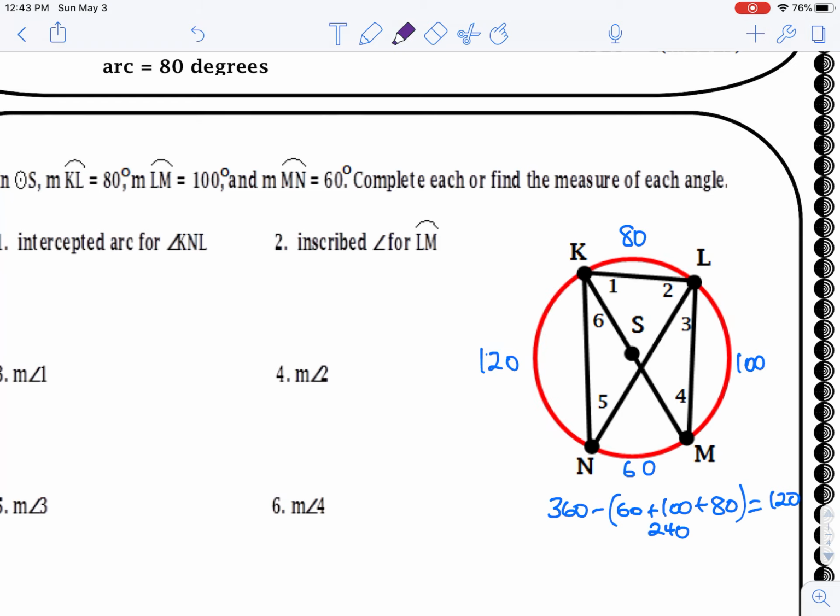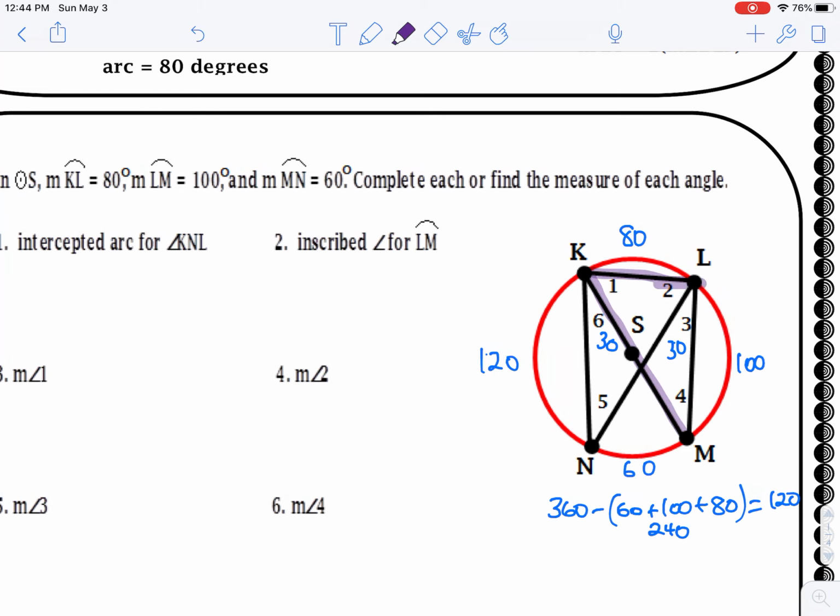So I'm going to highlight this one. It's an inscribed angle. So angle 6 is 1/2 of 60, which is 30. Let's do this one. Angle MLN, which is angle 3, is 1/2 of 60, which is 30.